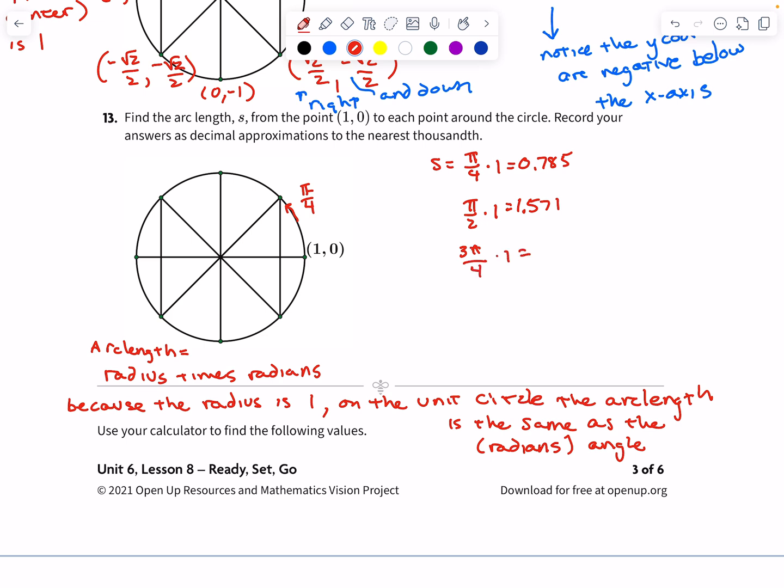I'm putting in times the radius. There's 8 angles. See the problem 11, top of the page.